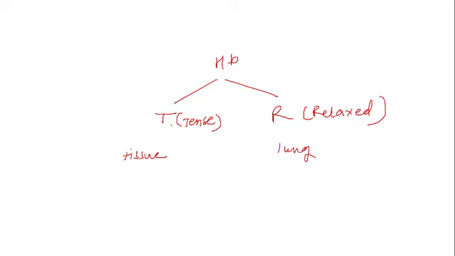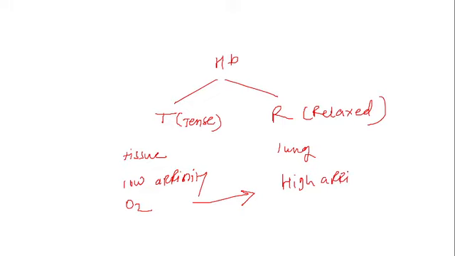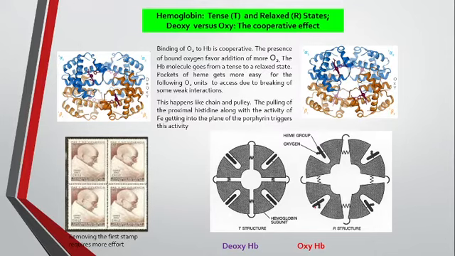What happens here? The T state has a low affinity to bind oxygen, and this T state gets converted to the R state, which has a high affinity to bind oxygen. That means the binding of oxygen to hemoglobin is cooperative.